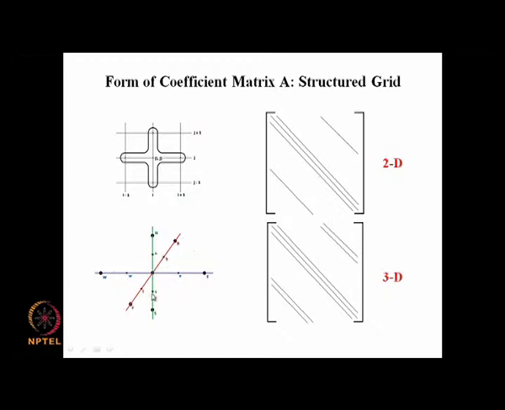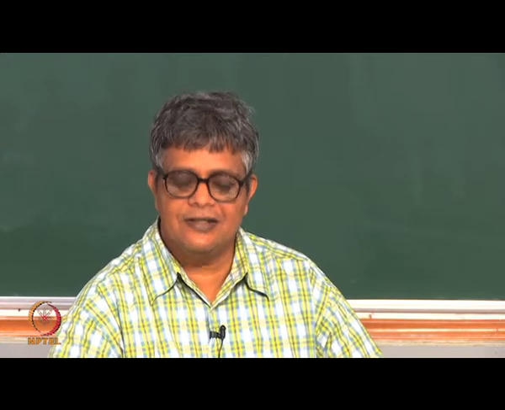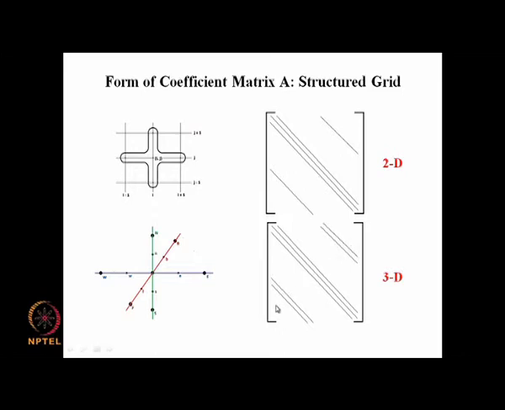So, on this control volume you can, for example, discretize the governing equation and then end up with a discretized equation which will have 7 non-zero coefficients, and these 7 lie in this form with zeros in between. I think that is not clearly marked here.